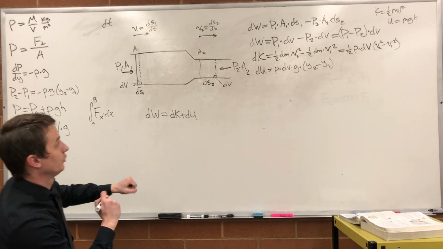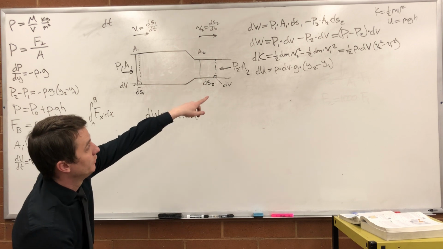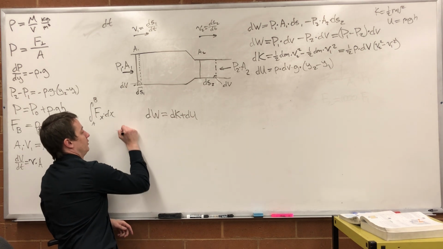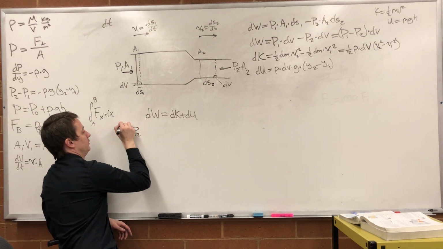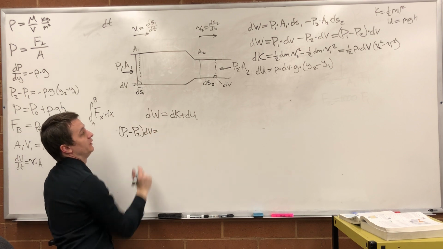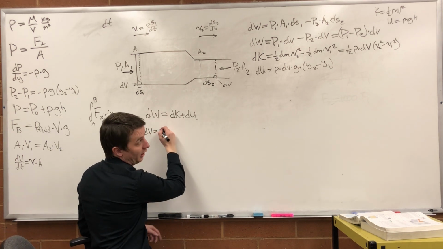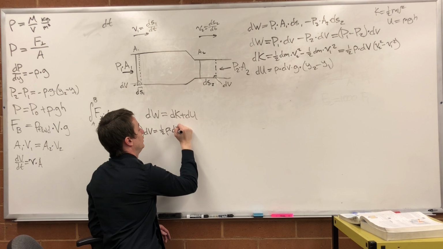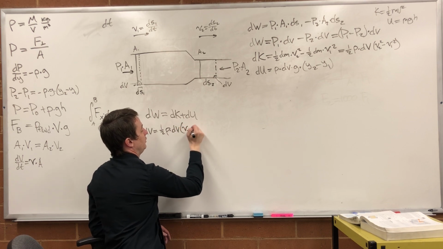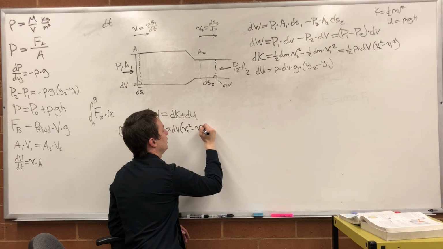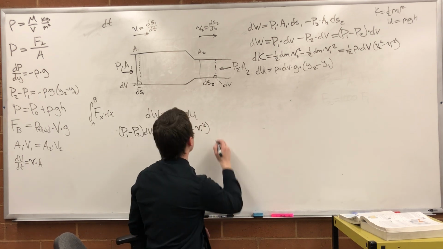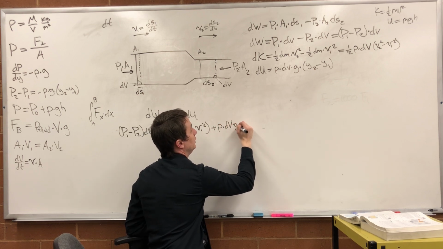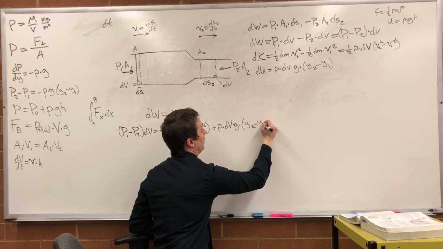So now we plug in these three things. We found a dW, we found a dK, we found a dU. Okay, so dW was P1 minus P2 times dV, which is equal to 1/2 rho times dV times V2 squared minus V1 squared, plus rho times dV times g times Y2 minus Y1.